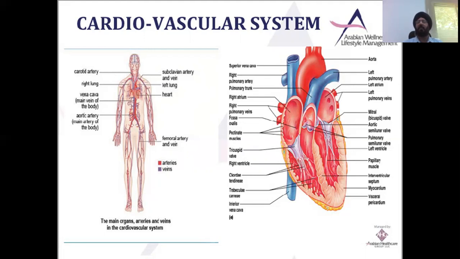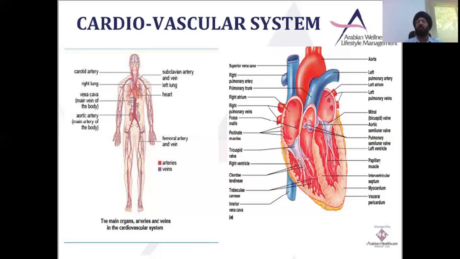This particular circulation is known as pulmonary circulation, from where the heart pumps blood to the lungs for oxygenation and returns it back to the heart. This is pulmonary circulation. Then after oxygenation, after the gaseous exchange takes place in the lungs, blood is returned to the atrium.